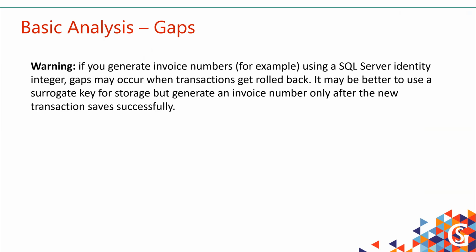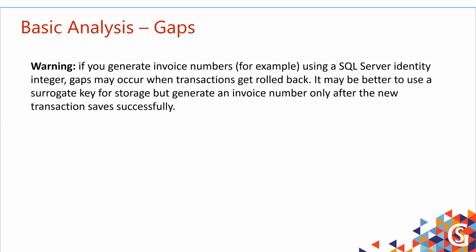There are a couple of cases where a person may not deliberately have deleted the records. If you are using an identity integer or a sequence, it is possible that you will have gaps in your results. Let's say you have IDs 1 through 6 already in the database, and you try to insert; the identity value is going to be 7, but if we have to roll back that transaction because it fails, 7 is lost forever.